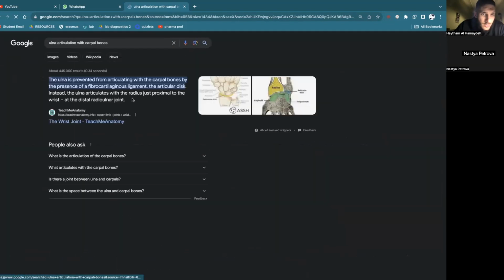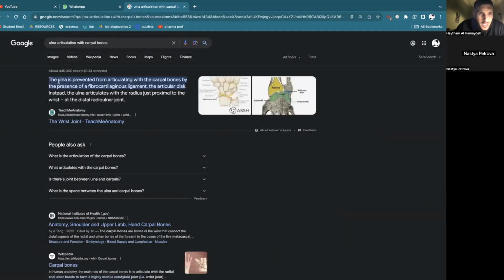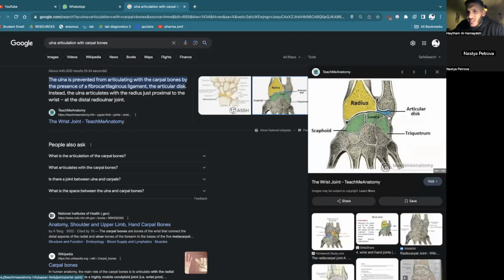Here, maybe we can just do that. There, see? The ulna is prevented from articulating with the carpal bones by the presence of a fibrocartilaginous ligament, the articular disc. Look at here. See this?